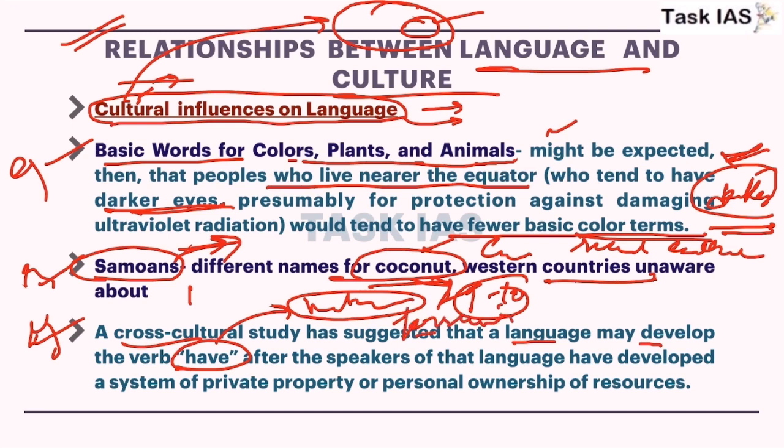These terms indicate that these cultures have more private property and personal ownership of resources. So how is language related with cultural aspects? Because in simple societies where private ownership is less, they have fewer words like "have" in their vocabulary. These are some of the experiments or observations from different linguistic aspects.